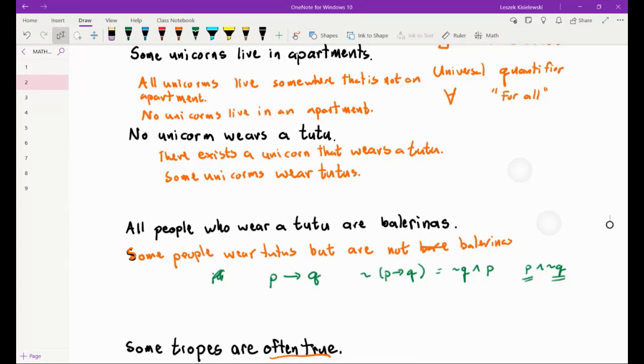No unicorn wears a tutu is the same thing as if something wears a tutu, then it's not a unicorn. So the negation of that would be that there's something that wears a tutu and it is a unicorn, right? So there's a unicorn that wears the tutu.